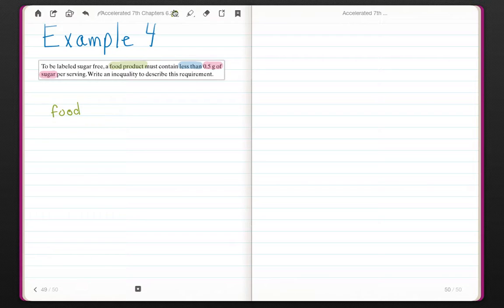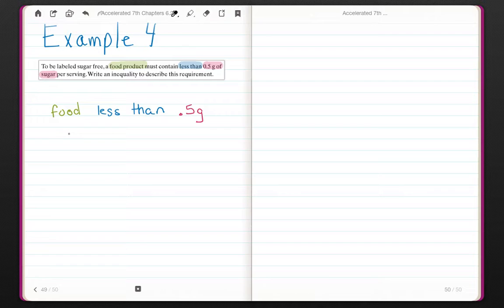So, let's put this in words. Food must have less than 0.5 grams. So I've broken it down into words, pulled out those important ones. So let's write it into an actual inequality.